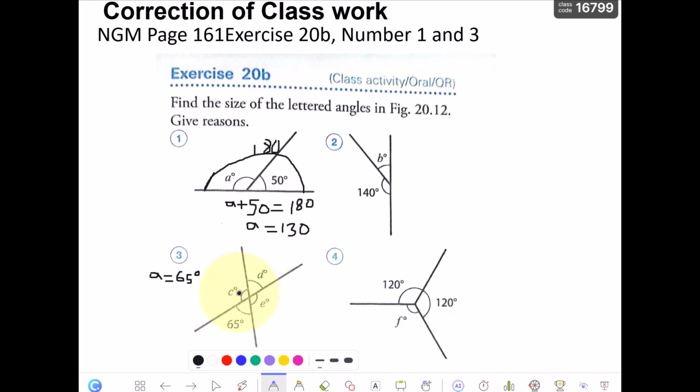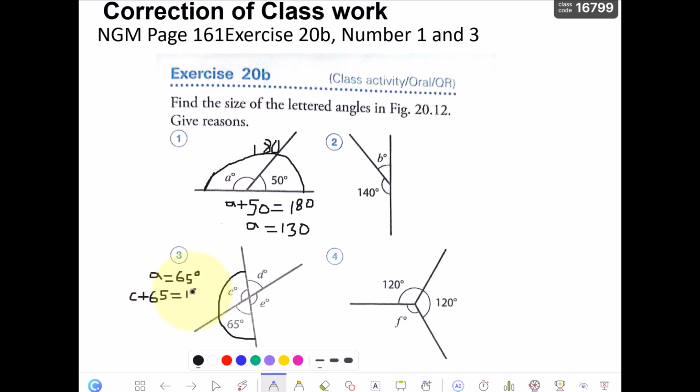Then look at C and 65. You see they are all on this straight line. You can see what I'm doing now. So this is a straight line, angle in a semicircle, or angle on a straight line. You see this is half of your protractor now, which is 180 degrees. So if you do your C plus your 65, this one will give us 180 degrees.